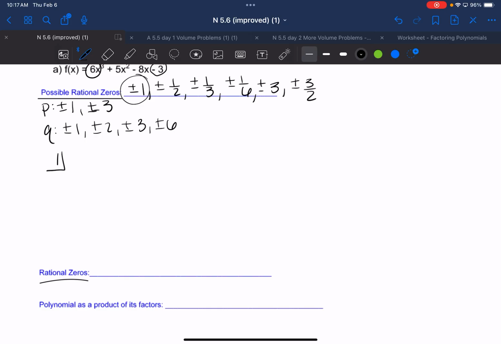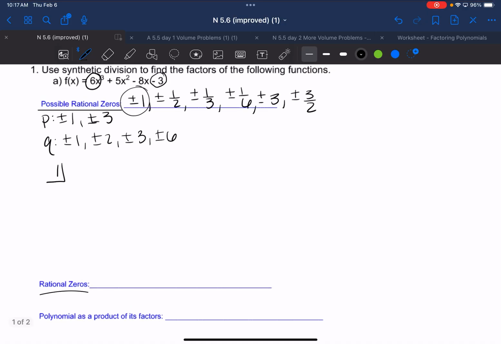Remember, you put that number in the box, and then you put the coefficients. Well, the coefficients from our equation would be 6, 5, -8, and -3, right? Okay, then I bring down the first term. Then I multiply 6 times 1, and then I add.